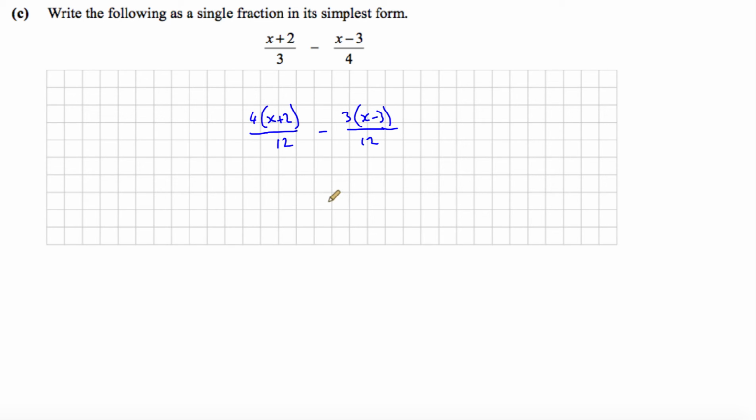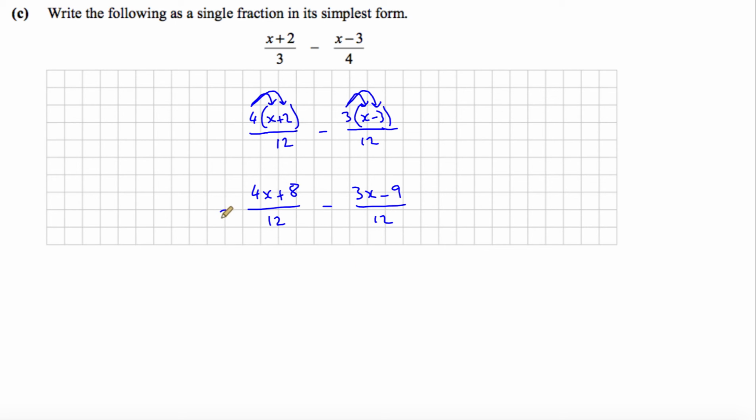Okay, so now what I'm allowed to do is multiply out these brackets. So that will give me (4x + 8) over 12 minus, multiply out these brackets here on top, that's 3x − 9. 3 by −3 is −9, and that's all over 12.